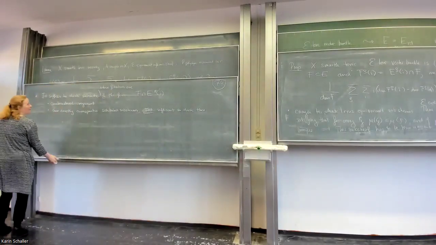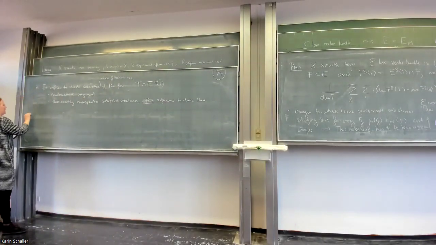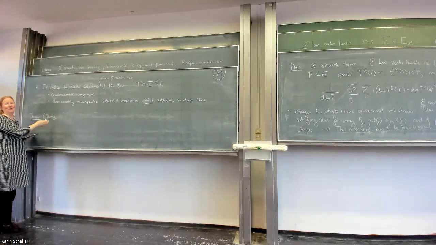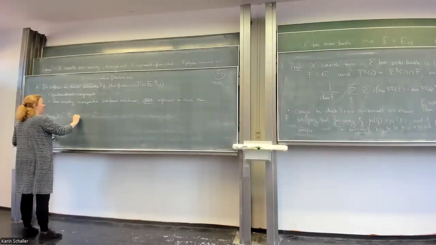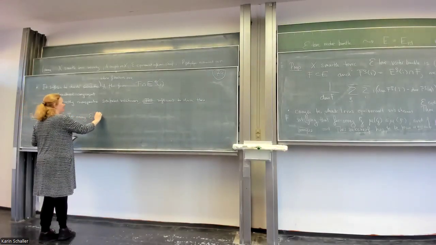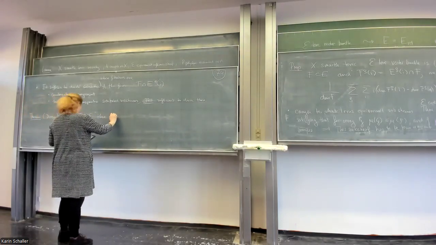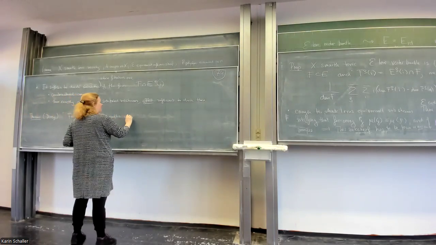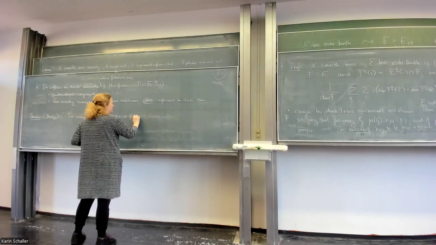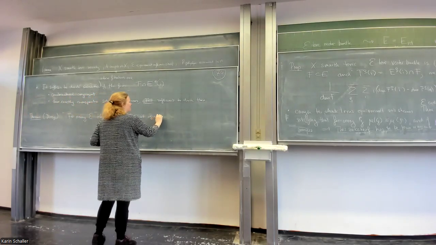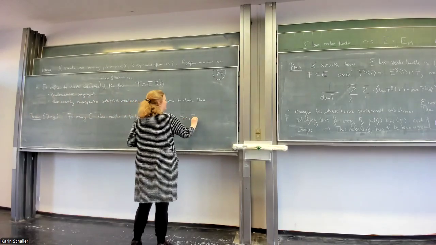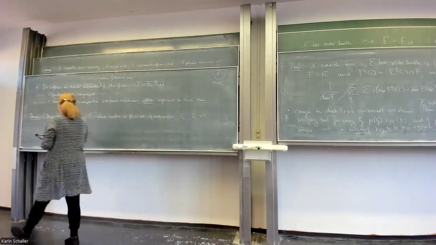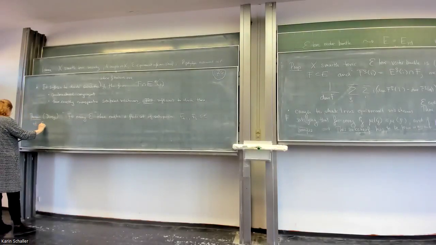And then there's a theorem. For every E, there exists a finite set of subspaces F1 through Fs in E such that E is semi-stable.